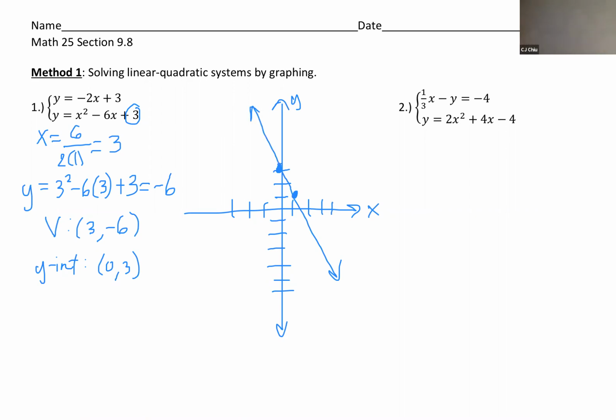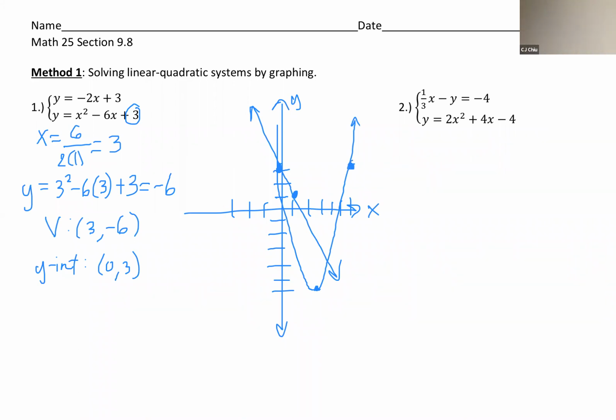And then for our parabola, vertex at 3, negative 6, y-intercept at 3, which is there. So then you go 3 over to the vertex and then 3 over to the right side to get that third point, okay? So then nice and carefully, there you go, okay?